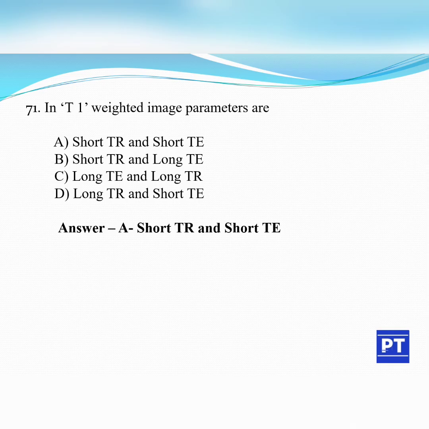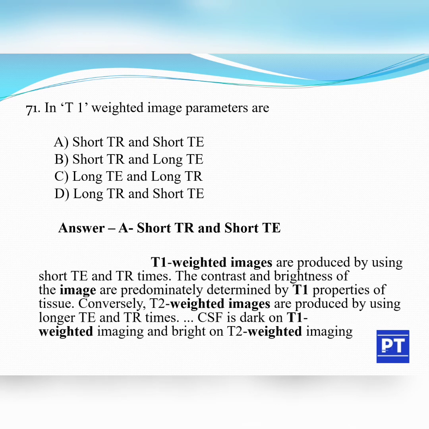TR is the repetition time, repetition of the RF pulse, and TE is the echo time. When the pulse sequence stops, the echo is produced, and that echo producing time is known as the echo time. T1 weighted images are produced by using short TE and short TR times.